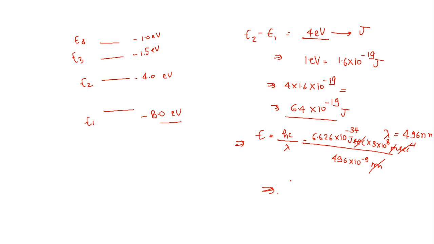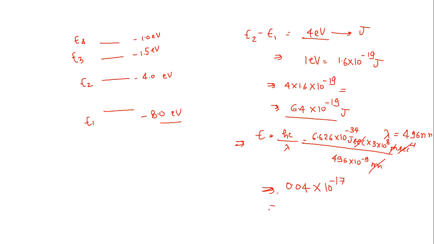Yeah, so my answer comes out to be 0.04 multiplied by 10 to the power minus 34 minus 8, it will be minus 26 plus 9. So it comes out to be minus 17, right?